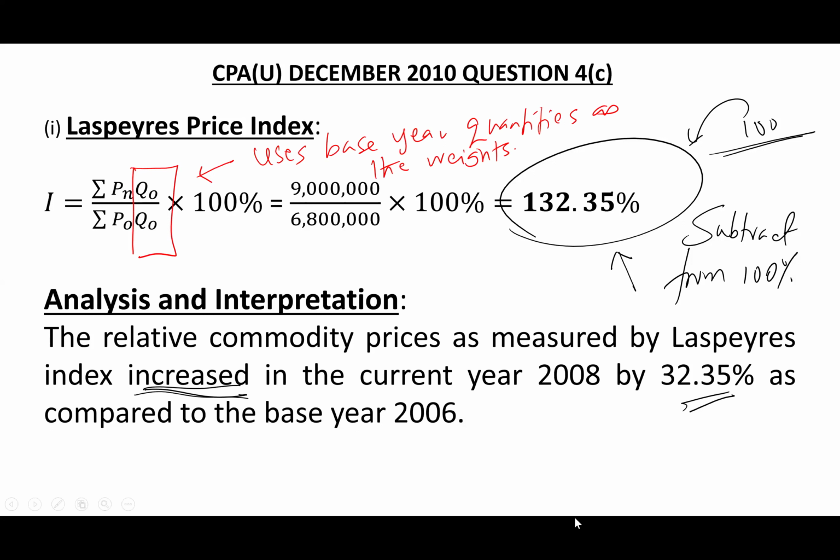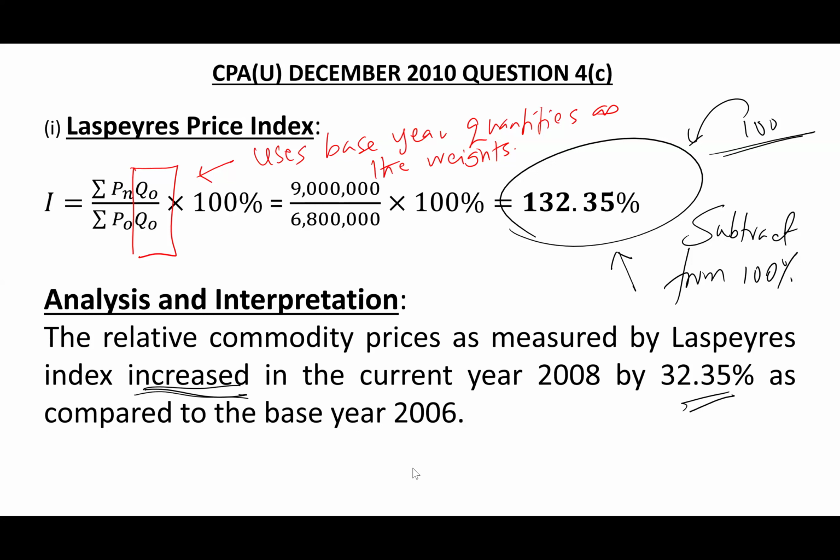So in case you're asked to give the difference between Laspeyres' index and Paasche's index, the difference is that Laspeyres uses base year quantities as the weights, whereas Paasche uses current year quantities as the weights. Is that clear, members? Have you taken note of that?